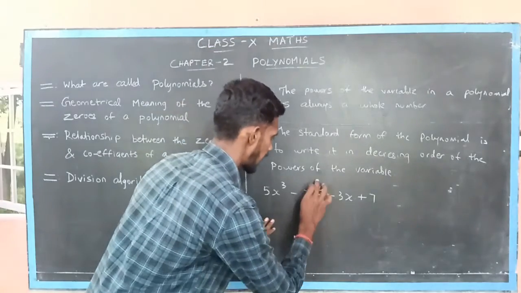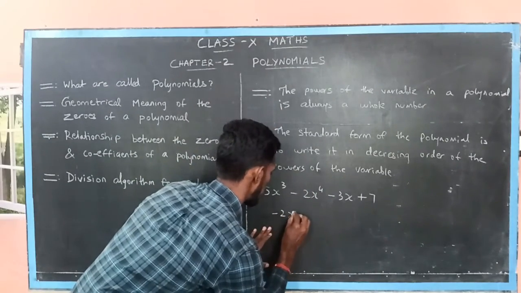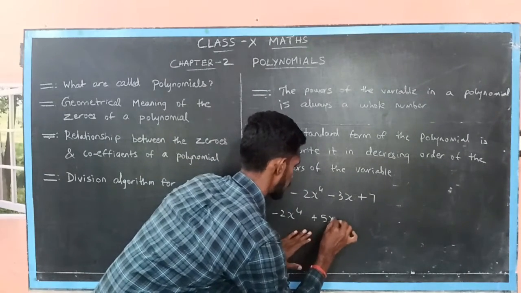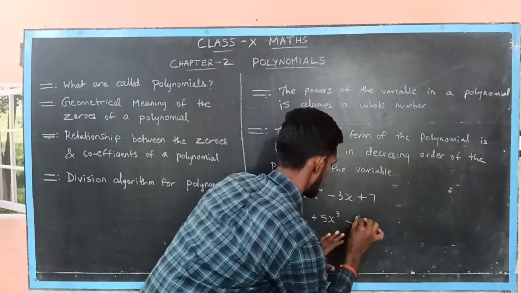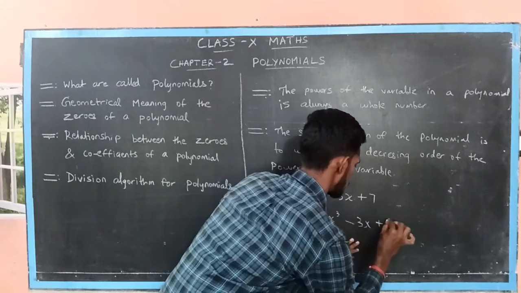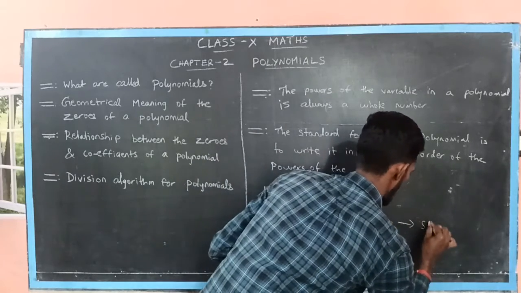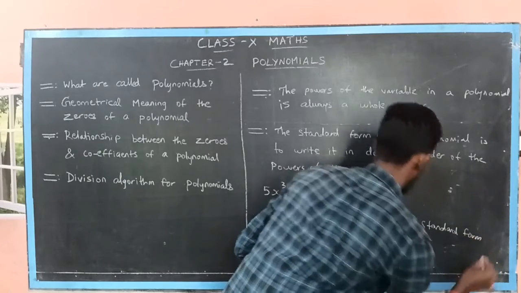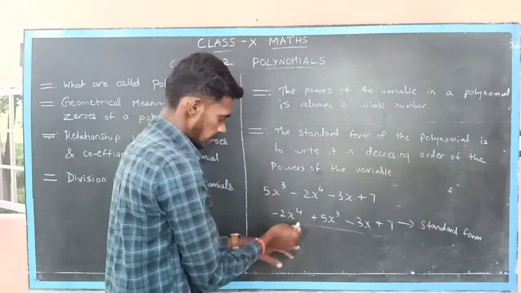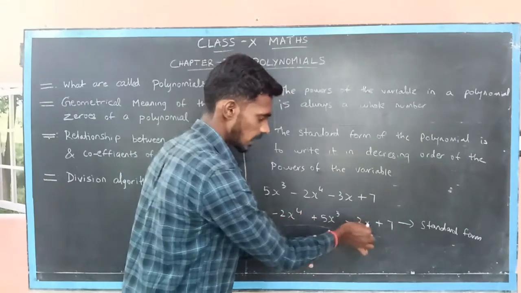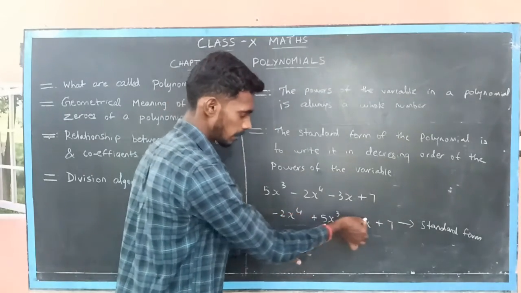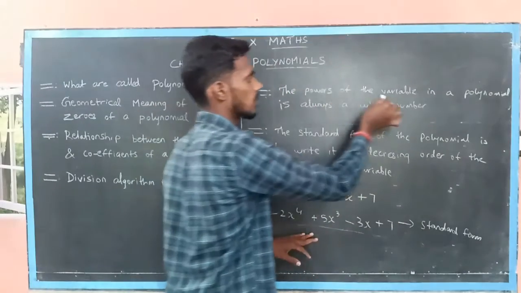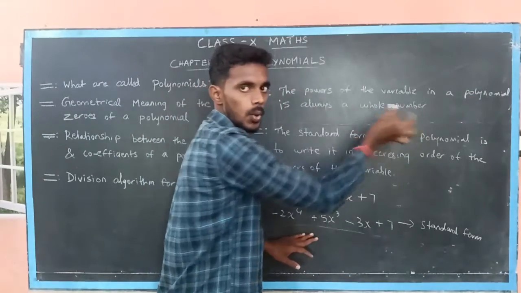So, I pick the highest power, minus 2x power 4, and the next highest power is plus 5x cube, then minus 3x, and the next term is plus 7. This is the standard form to write a polynomial. Check that the powers of the variable are 4, 3, 1, and x power 0, always whole numbers.